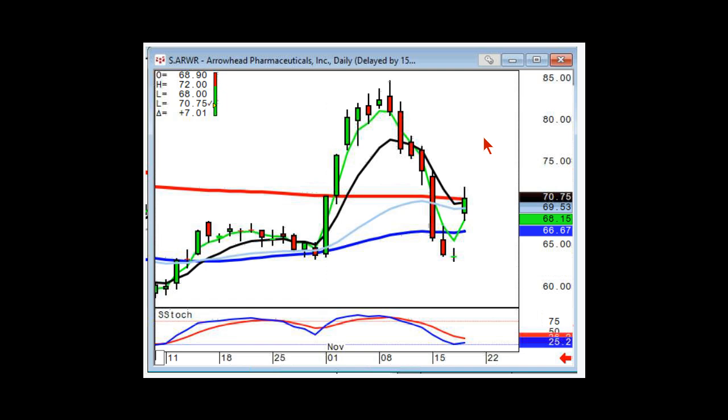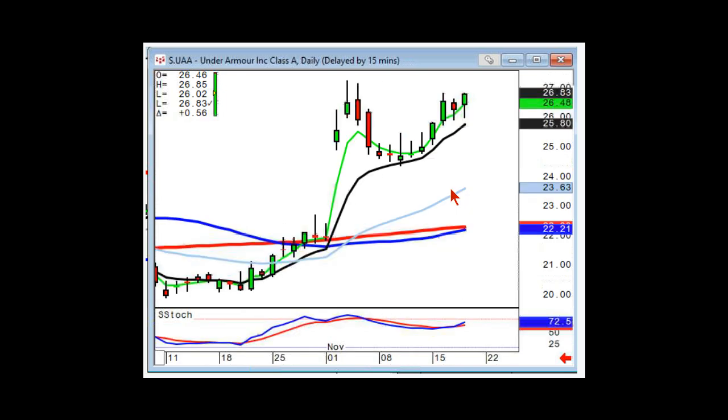There you go, Jay. The T-line is working effectively as a support level, telling you the J-hook pattern is setting up.